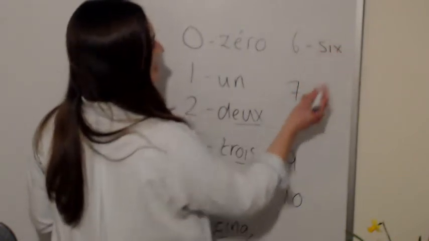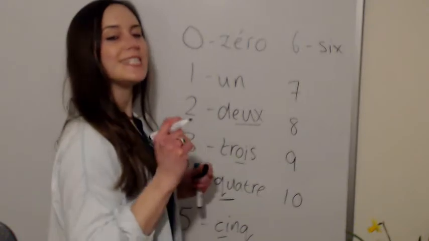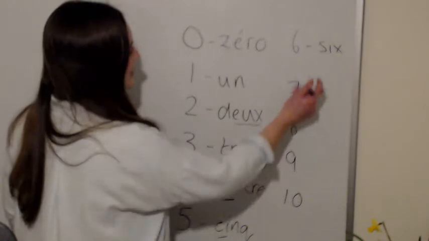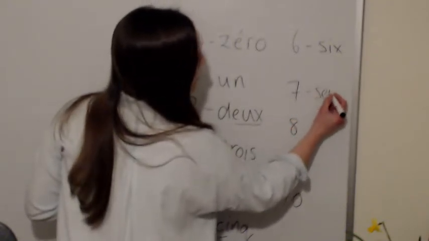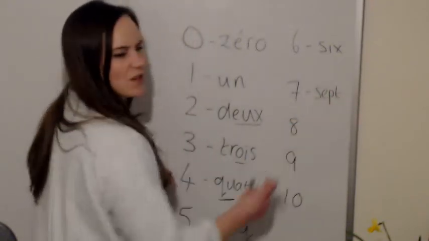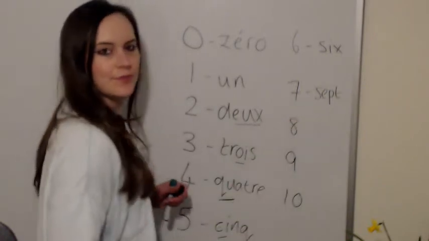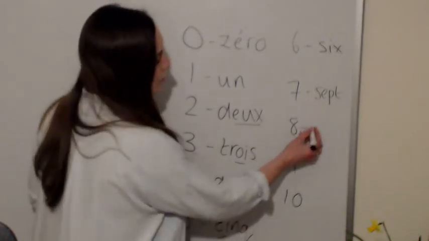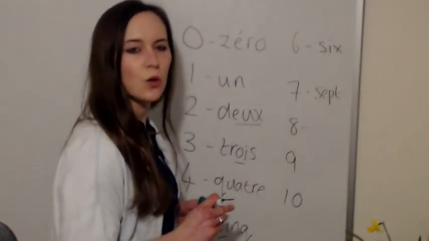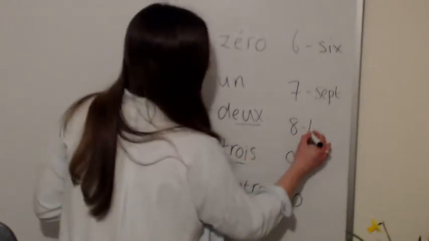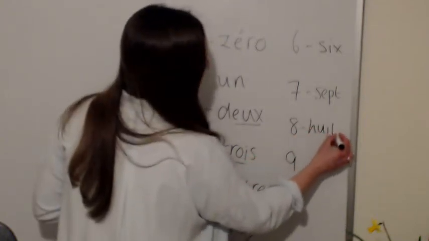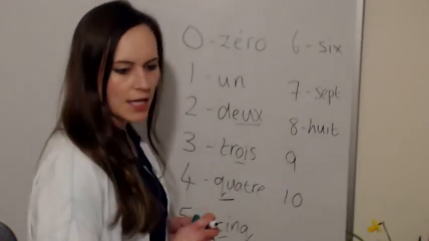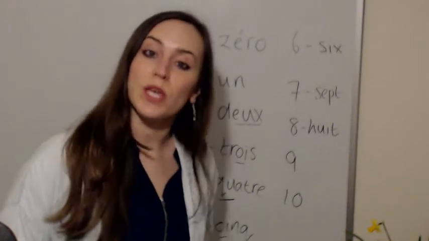6. That looks just like the English, but we pronounce it six, like cease, desist, cease. 7. S-E-T-T. Now this is almost a silent P. Set. Well, in fact, it is a silent P. That's 7. 8. What was 8? Huit. Très bien. H-U-I-T. Huit. So you see this U and an I in the word oui.